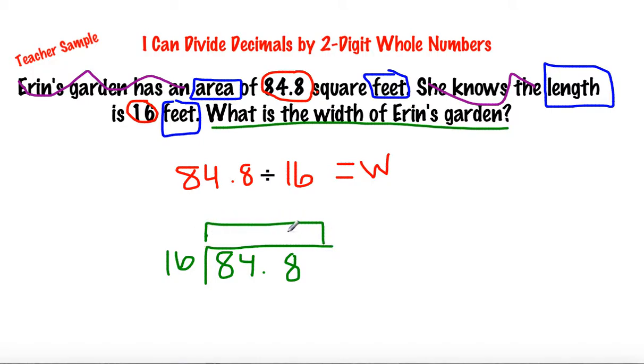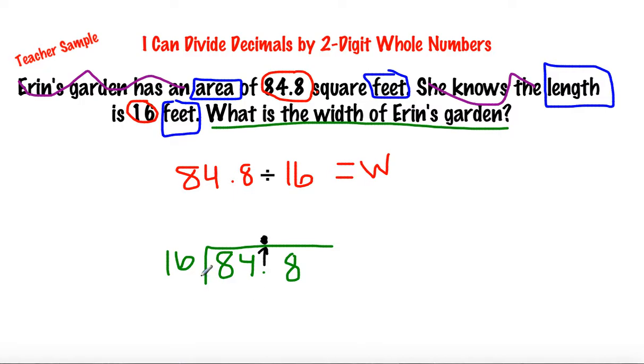That's where your answer goes, up here. So now I'm going to take the exact same steps I would take if I were dividing decimals by a one-digit whole number, but instead I have a two-digit whole number. So the first step I want to take is to bring my decimal straight up. I'm just going to draw an arrow so that you can see. I'm going to bring my decimal straight up. It's a huge decimal, sorry.